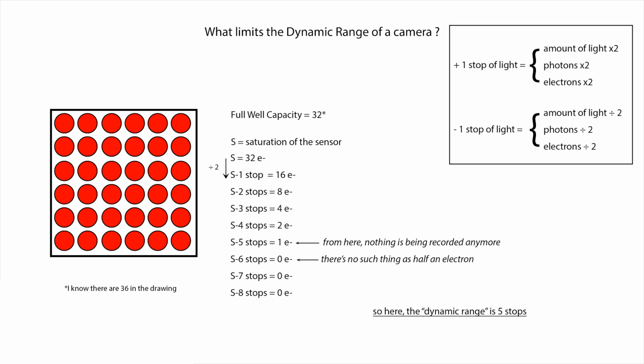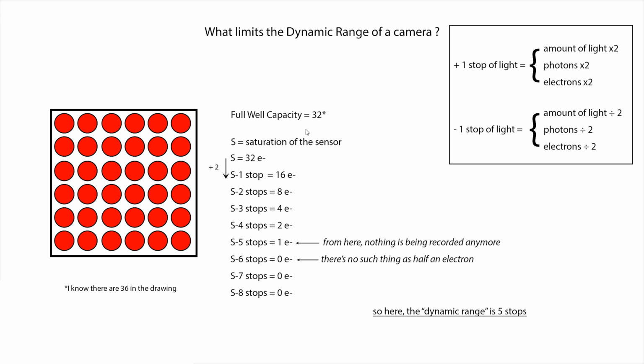If you have two objects in a scene that are one stop apart, the brighter one will have freed double the amount of electrons as the first one. And pretty much the same thing applies when you remove a stop of light, so the amount of light is halved, and so are the photons and the electrons.